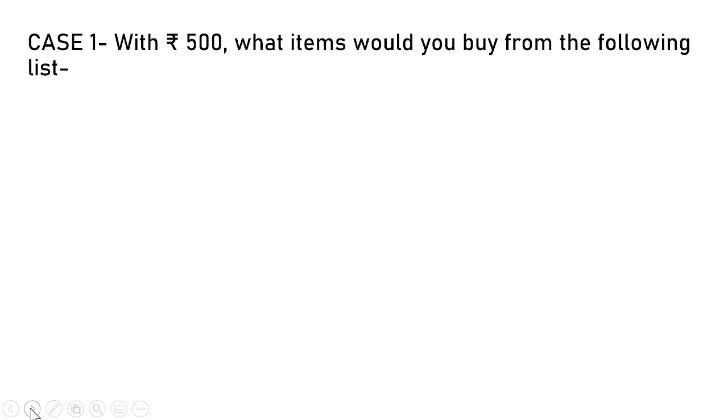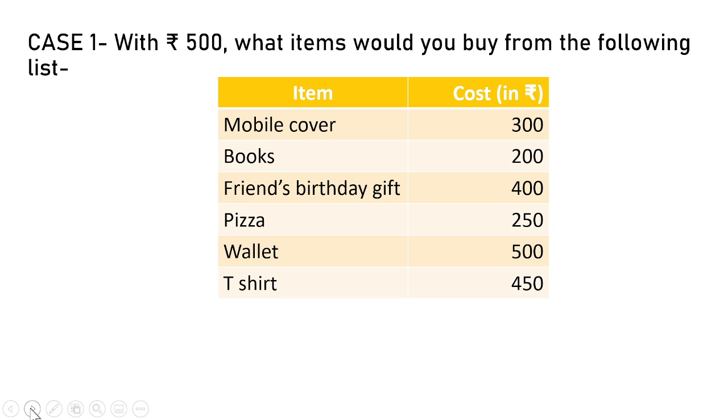Let's look at case number 1, where let's say suppose you have 500 rupees with you. There's a list of items that you would like to buy. Which are these? What is this list? Let's look at the list and the items that you could buy from the list. A mobile cover, books, it's a friend's birthday, so a birthday gift, pizza, wallet, t-shirt, so many things are available.